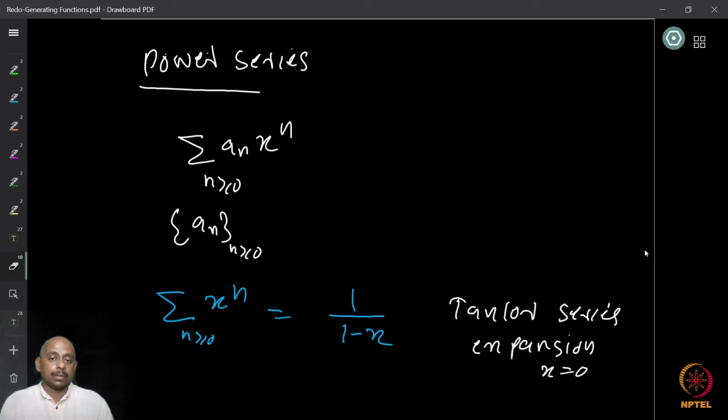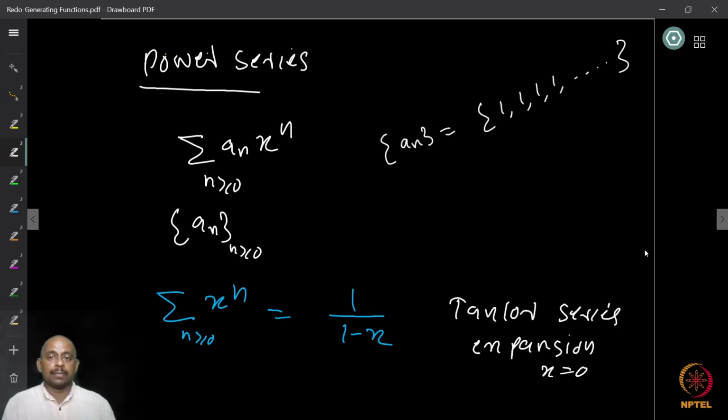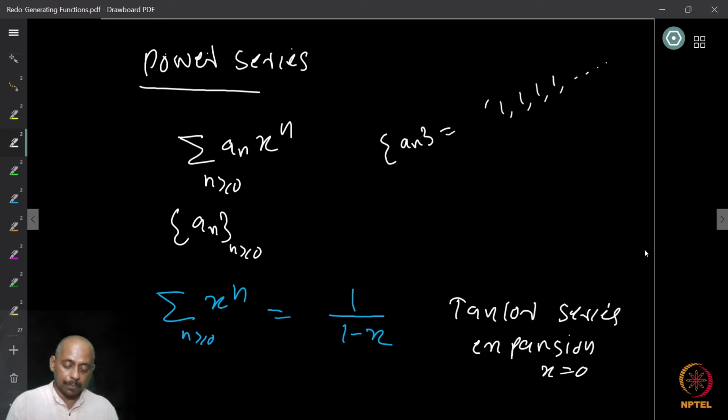Now, in the following example of a power series, summation x raised to n, you have the constant sequence 1, 1, 1, etc. So a_n is 1, 1, 1, 1, etc. Maybe I should write it this way to show that this is a sequence.